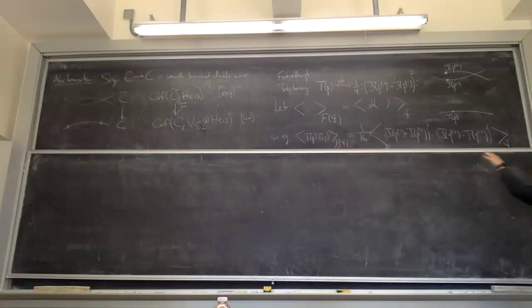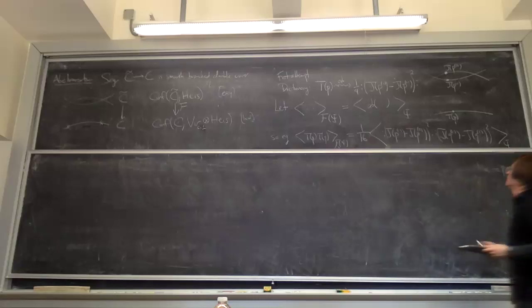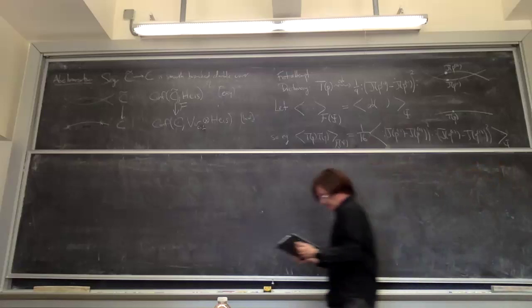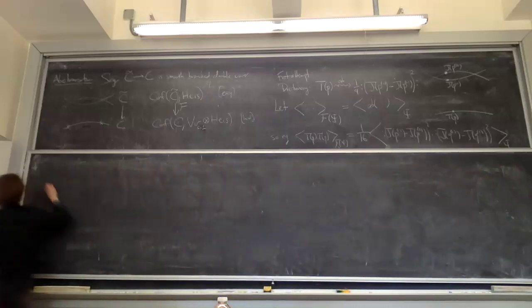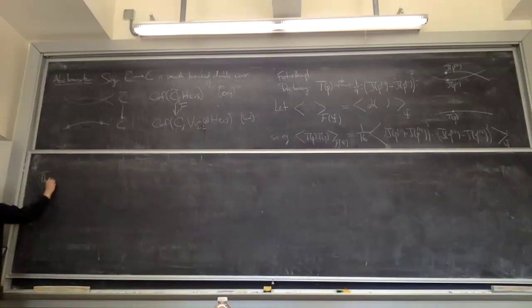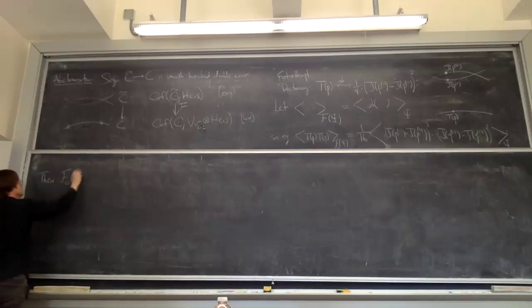So far I gave you a formula which only works when the p's are away from the branch points. And now you may very reasonably ask, what happens when the p's approach the branch points? Okay, we get to that in just a sec. In fact, we get to it right now.